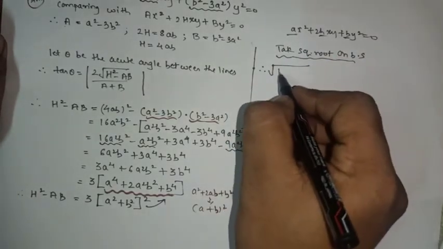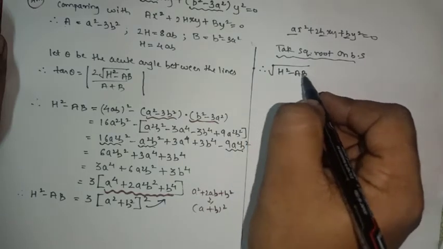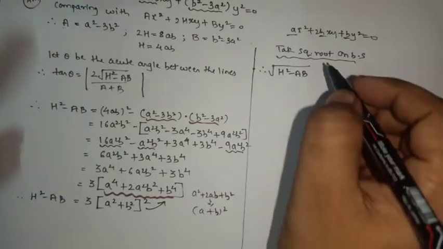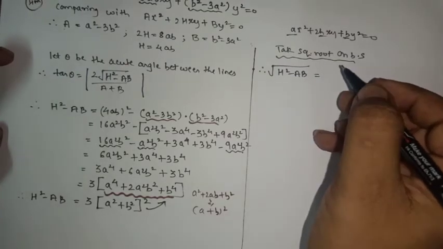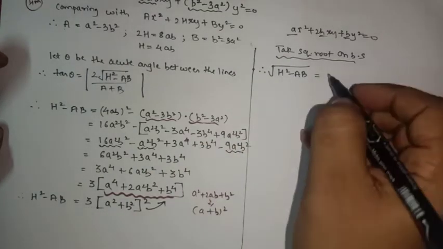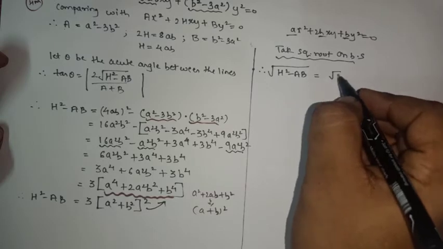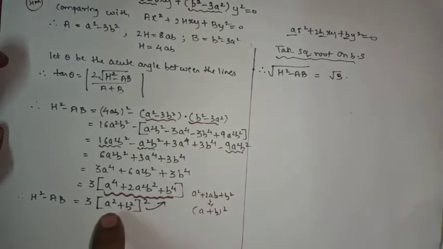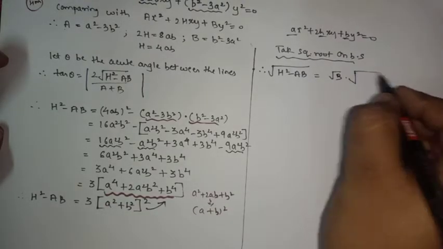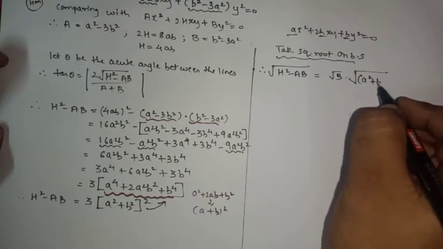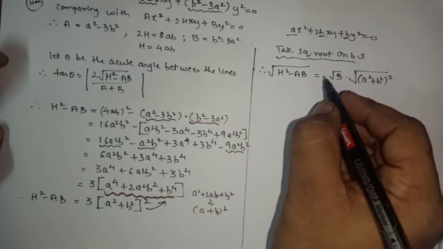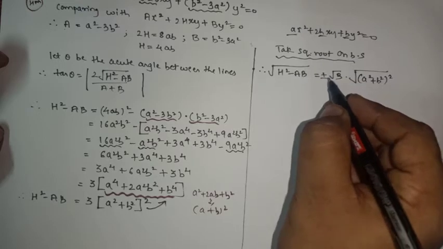Taking square root, yes or no? So equal to, what is the square root of 3? It will be root 3 only. Yes or no? And the square root of a square plus b square the whole square. As we are taking square root on both sides, here you will get the answer in terms of plus and minus.